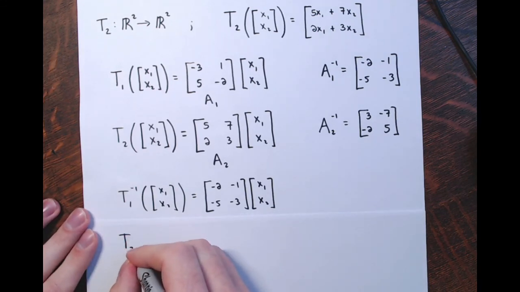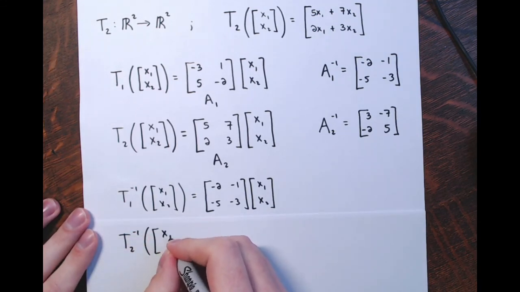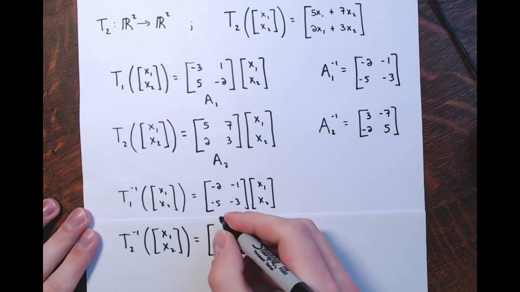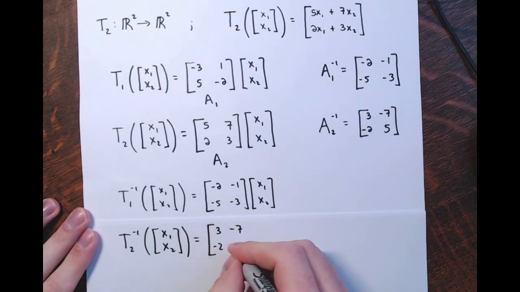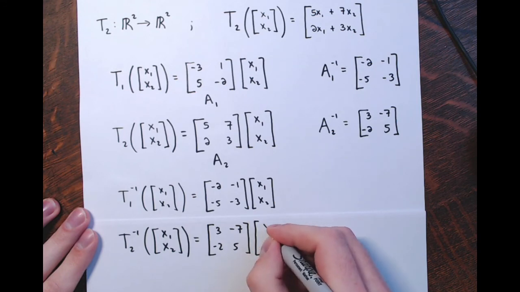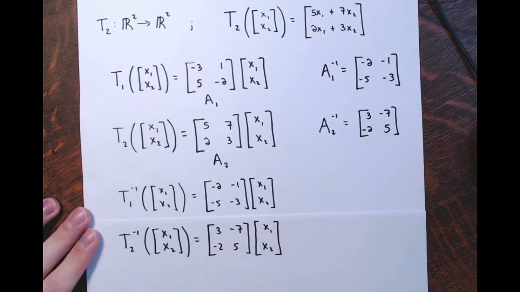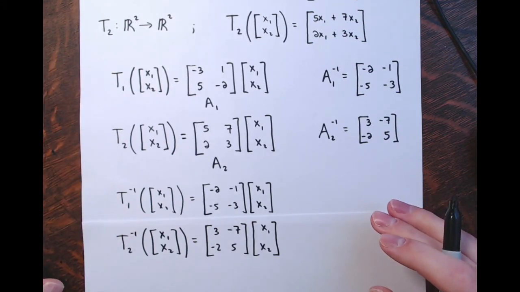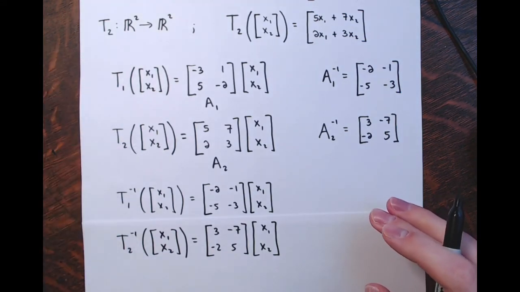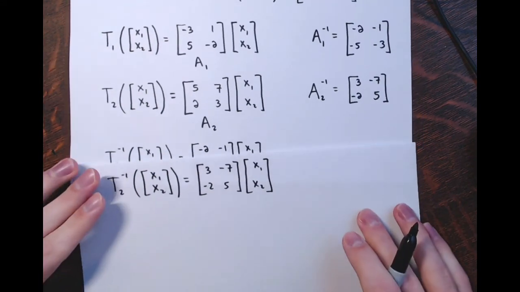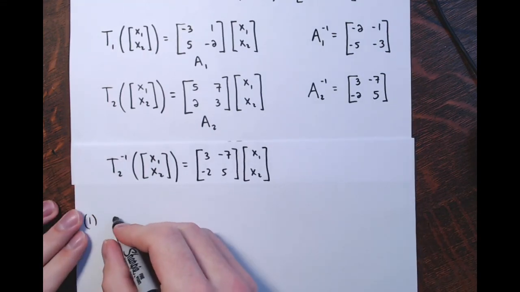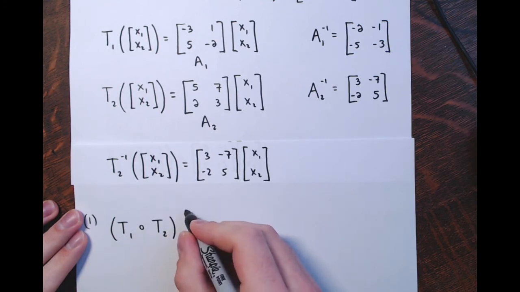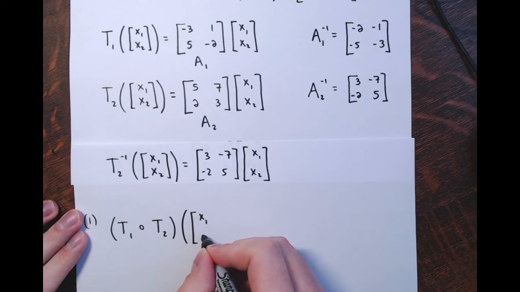T2 inverse of some vector with 2 components would be A2 inverse, 3, negative 7, negative 2, 5, times x1, x2. Okay, so I've got the inverses of each transformation individually. But we're not asked for all that. We're asked for, well, what if we compose these and wanted the inverse of that? So let's compose them in one order. I'll do this order here. What's T1 composed with T2 of x1, x2? Now we saw this earlier.